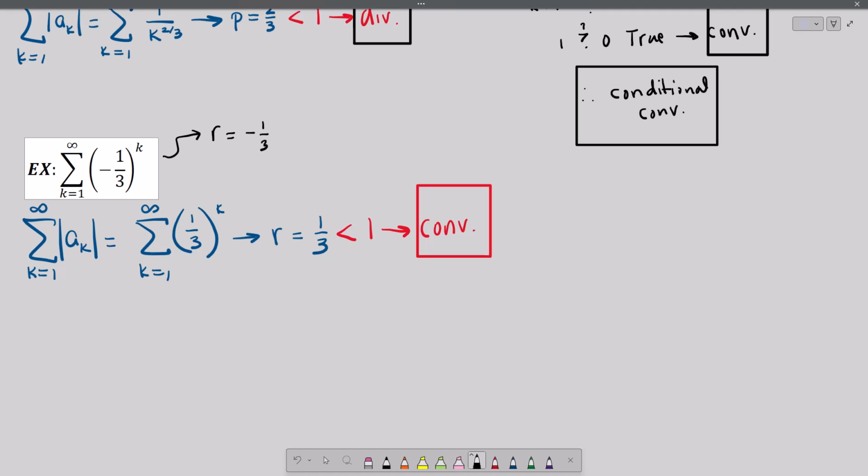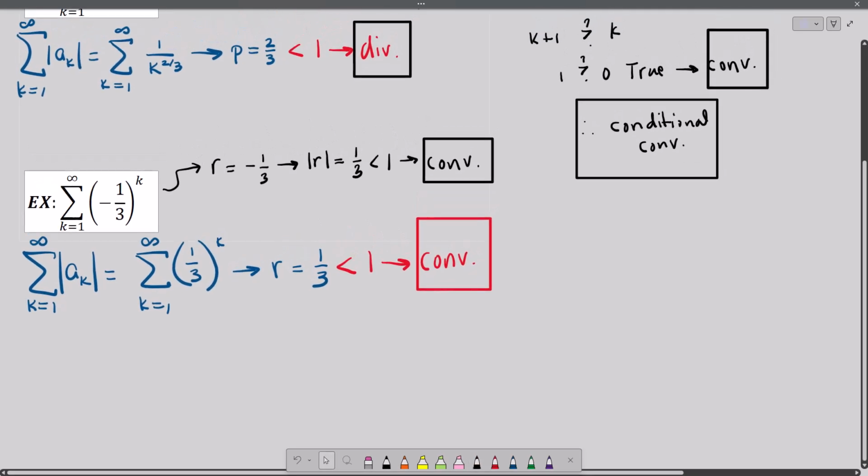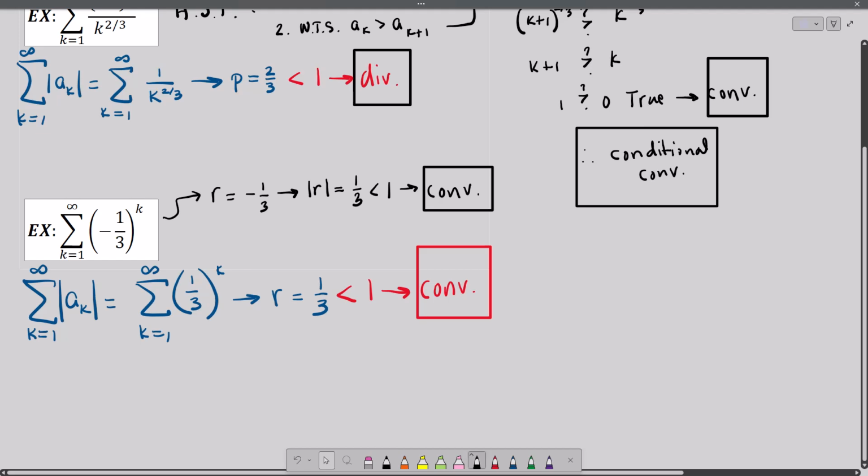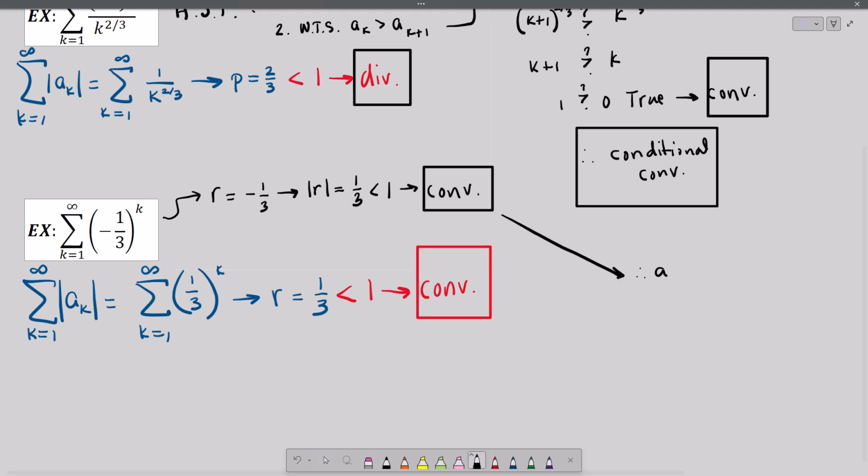For a geometric series, your common ratio could be positive or negative. Then we look at the absolute value of the common ratio, which is 1/3, and that's less than 1. Therefore, it converges. This convergence is the one we're classifying. Is it absolute or conditional? Absolute.